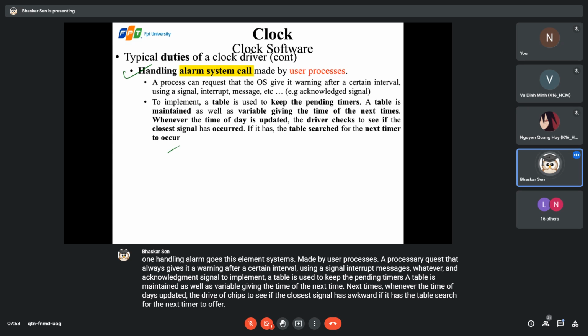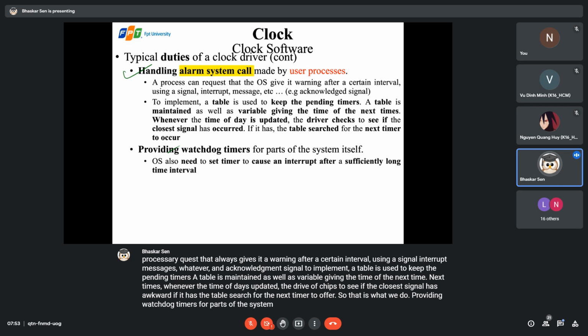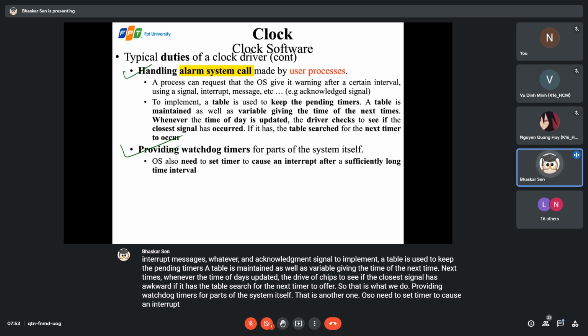So that is what we do. Providing watchdog timers for parts of the system itself, that is another one. The OS also needs to set a timer to cause an interrupt after a sufficiently long time interval. So that is what it does.